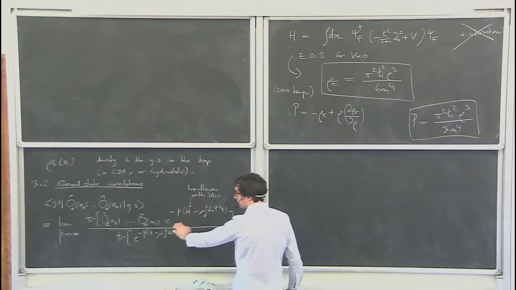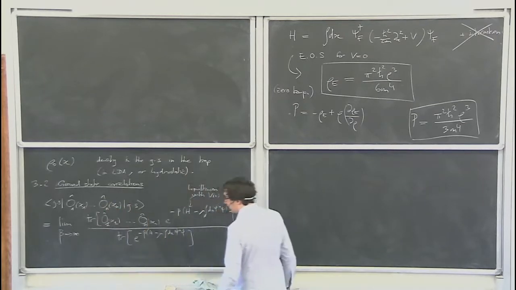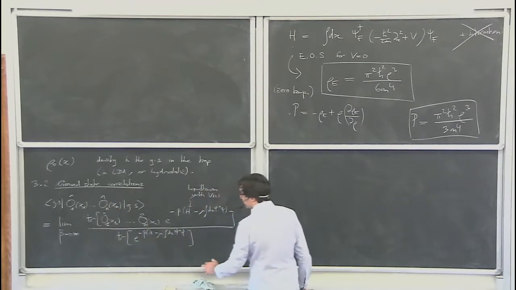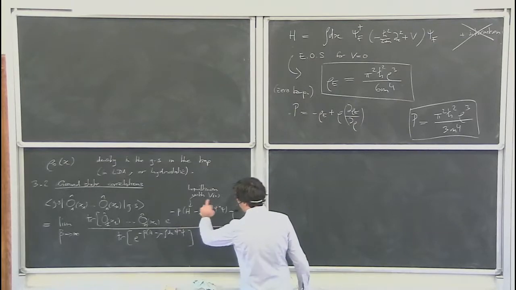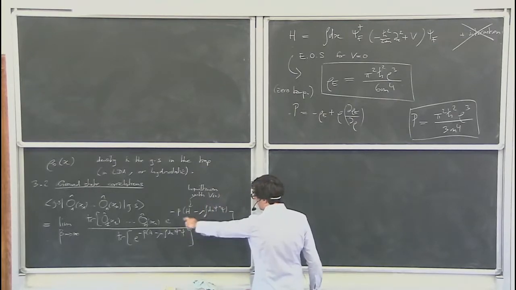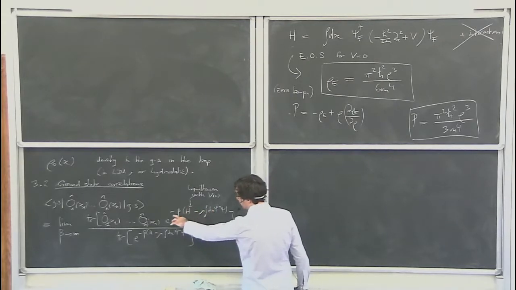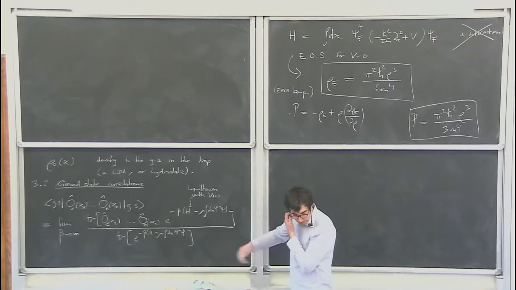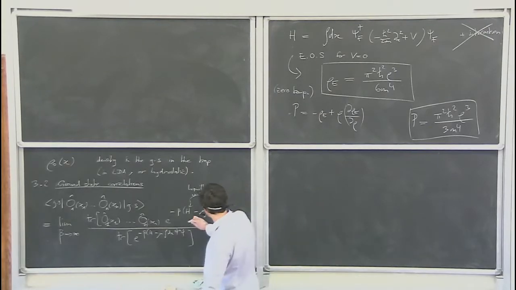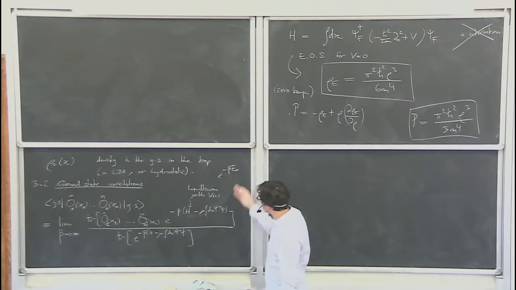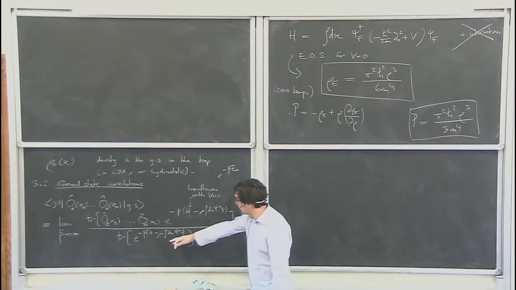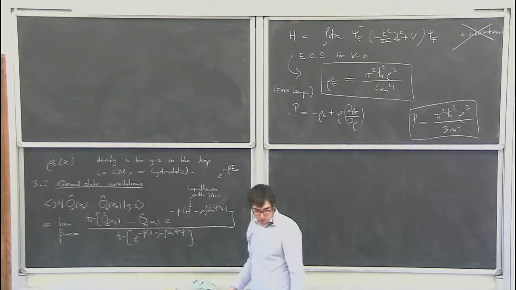And then I recover this, and I need to properly normalize things, because otherwise I would basically just get e to the minus beta times the ground state energy, and I need to cancel this factor. This is done by this. Okay.